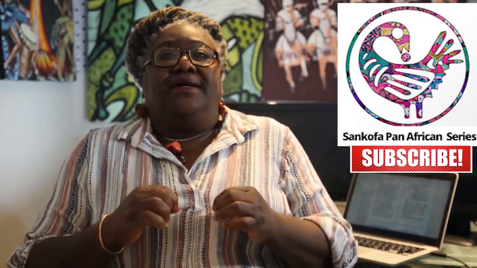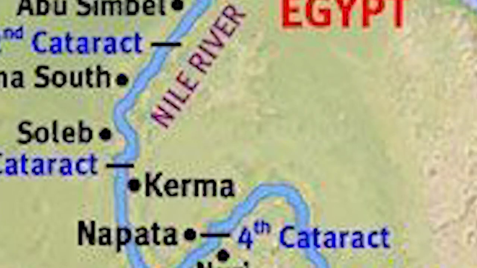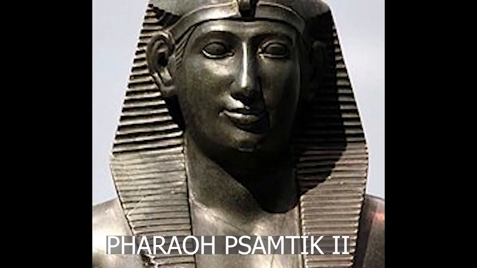In this episode, we'll be looking at another Nubian kingdom, Meroe, also sometimes pronounced Meroe. Napata, the capital city of Kush, was sacked around 590 BC by the Egyptians under the leadership of Pharaoh Psamtik II.